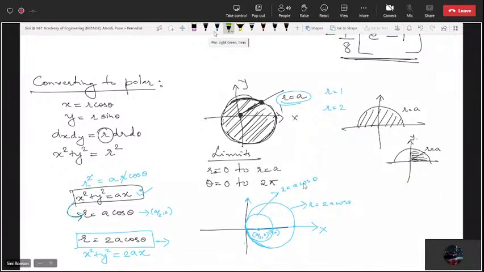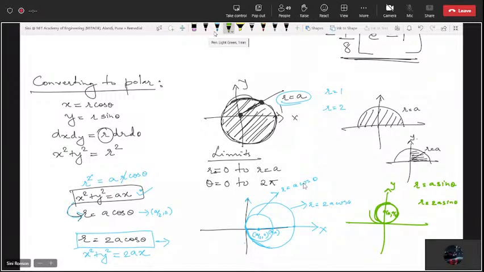ठीक है, सेम वे अगर मैंने तुम्हें दे दिया a sin theta, r equal to a sin theta, can anyone tell me इसका सेंटर कहां पे आएगा? A by 2. 0 कॉमा a by 2, मतलब यहाँ पे y एक्सिस पे, क्योंकि साइन थीटा है ना, तो सेंटर y एक्सिस पे लाई करेगा, तो तुम्हारा सेंटर फॉर दिस सर्कल विल बी 0 कॉमा a by 2, अनलाइक a cos थीटा तो a by 2 कॉमा 0. अब मुझे बताओ r इक्वल टू 2a sin थीटा कैसे ड्रॉ करेंगे? क्या होगा इसका सेंटर? 0 comma.